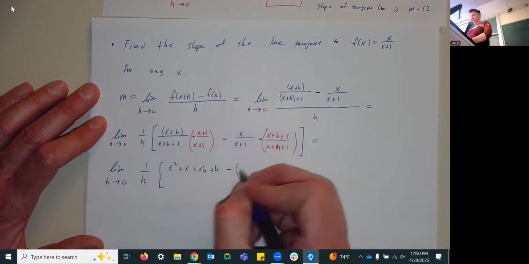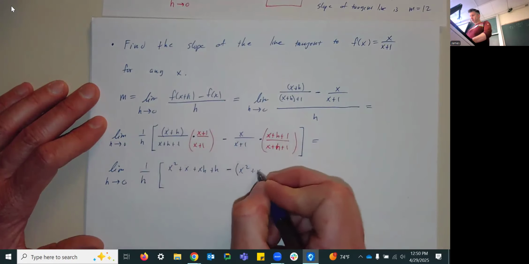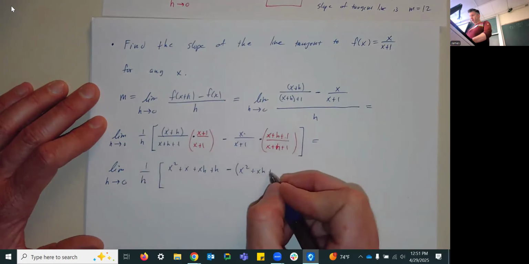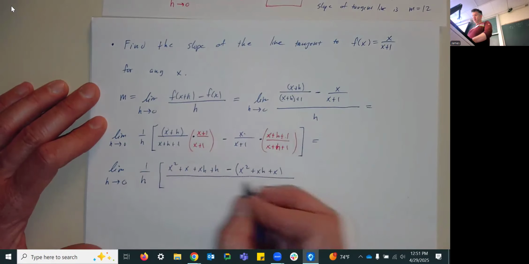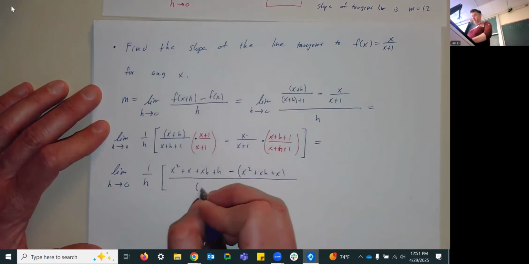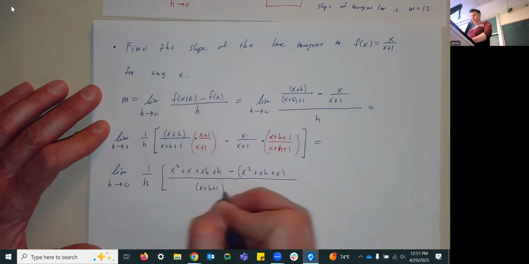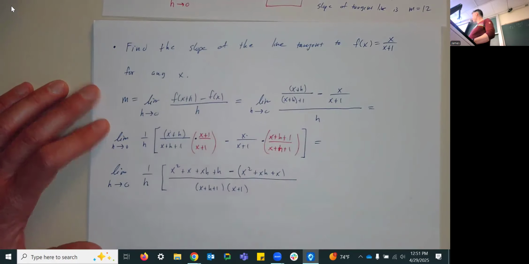So I'm going to get minus x times x, times h, x times 1. And I put the minus sign out in front, so I'll have to distribute in the next step. And the denominator, I'm not going to multiply it out. I'm going to have x plus h plus 1 times x plus 1.